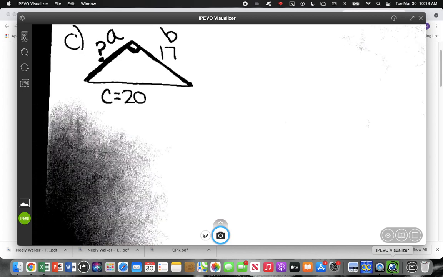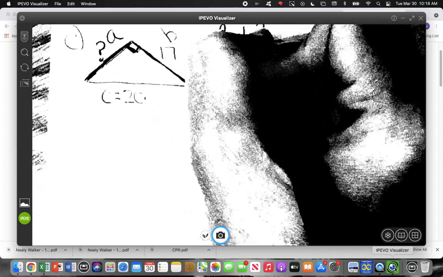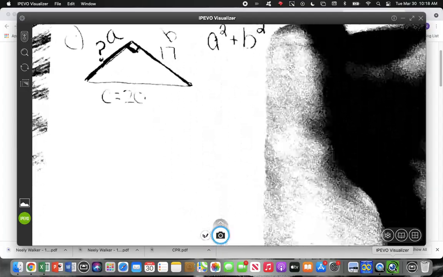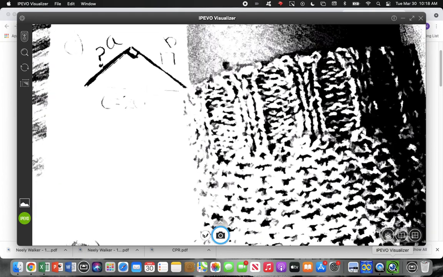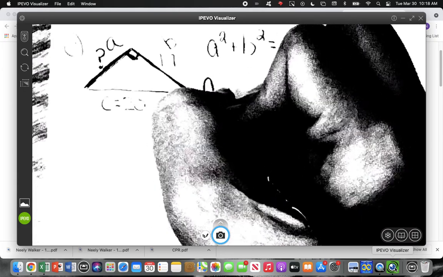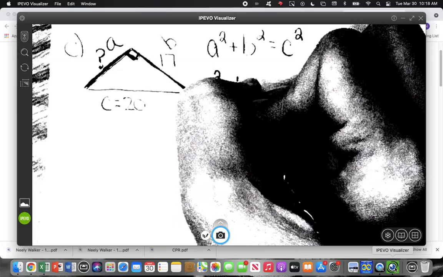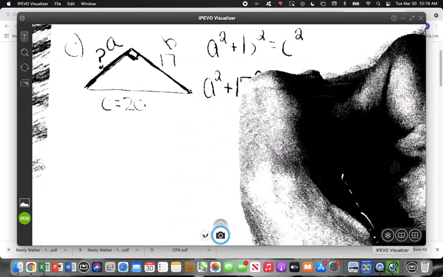All right, so let's plug in what we know. A squared plus B squared equals C squared. What will you write when you replace what you know with numbers? A squared plus 17 squared equals 20 squared. What do you think?